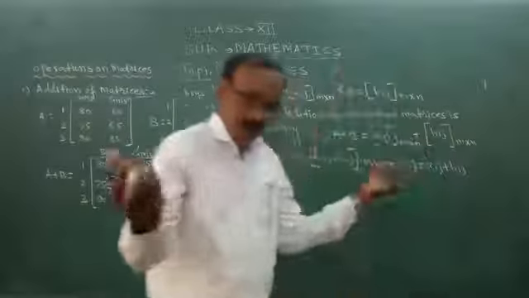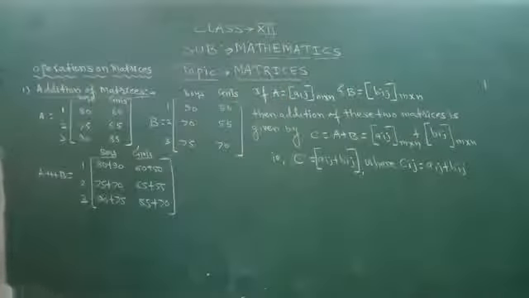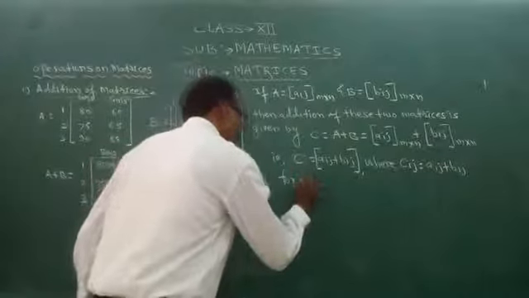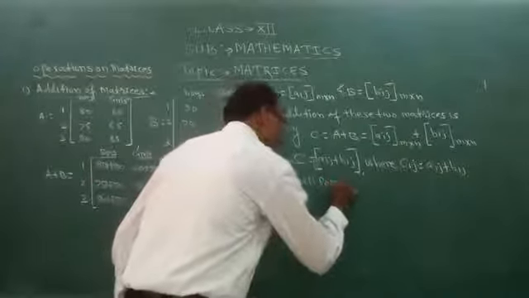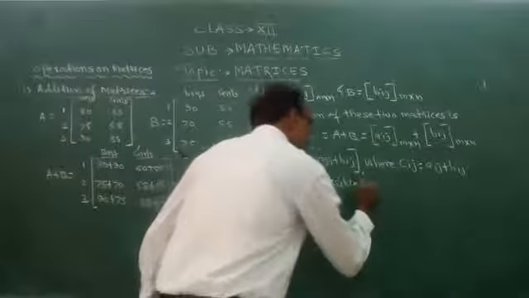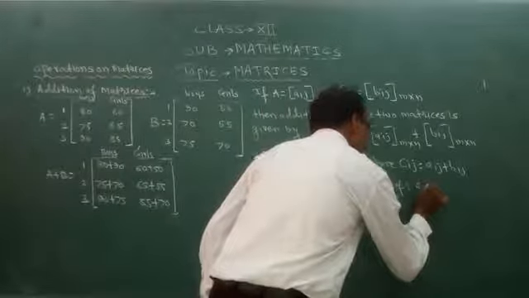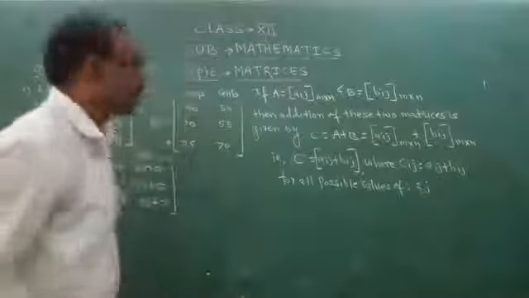You have to add the corresponding elements in two matrices for all possible values of i and j.